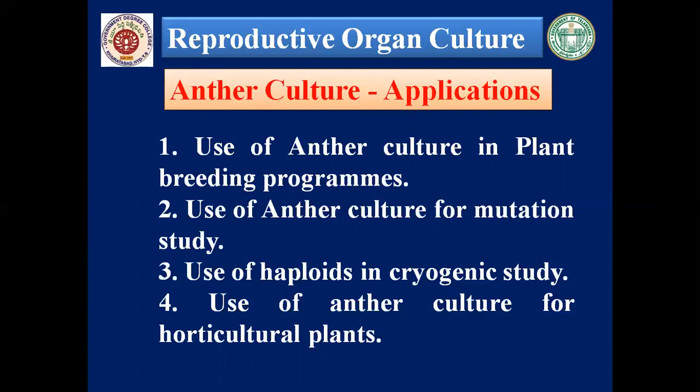The anther culture derived callus of Arachis hypogaea, Cajanus cajan and Cicer arietinum showed a wide range of genetic variability, and that can be incorporated into the plant breeding program. So this is another advantage where you can have genetic variability by using the anther culture technique.